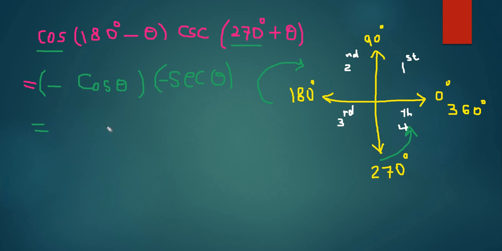Negative times negative gives me positive. Sec over cosine is reciprocal, cosine over cosine, therefore the result equals 1.